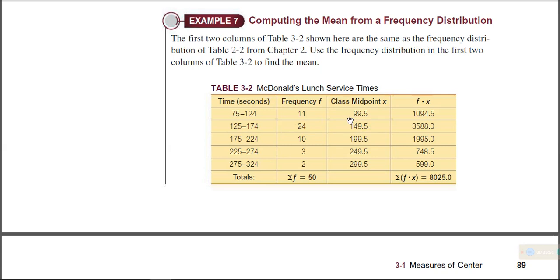Kuha lang nga tayo ng calculator. We have 75 plus 124. It is 199. Divide mo siya by 2. You have 99.5. Para naman dito, 149.5. That is 125 plus 174. That is 299 divided by 2.